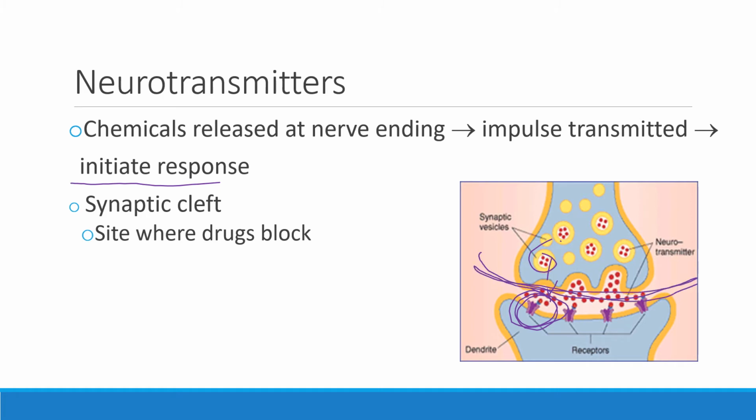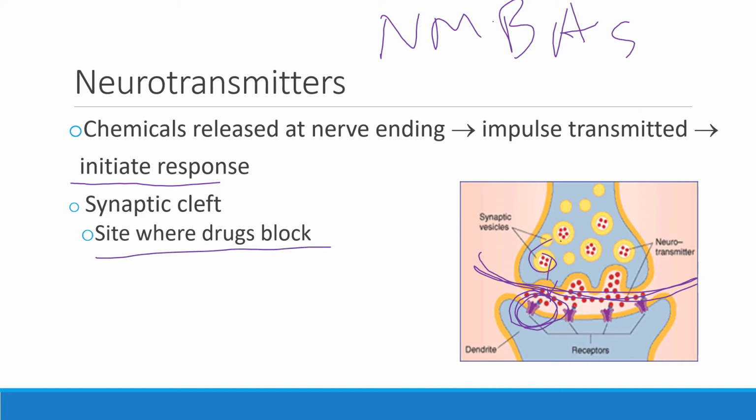So if we give you a paralytic, and we'll talk about neuromuscular blocking agents, paralytics are also known as NMBAs, right? Neuromuscular blocking agents. So when we're looking at this, we're actually trying to block that synaptic cleft so that no acetylcholine will go to that area of the muscle. So what happens to the muscle? Well, it no longer contracts and then it's paralyzed, right?